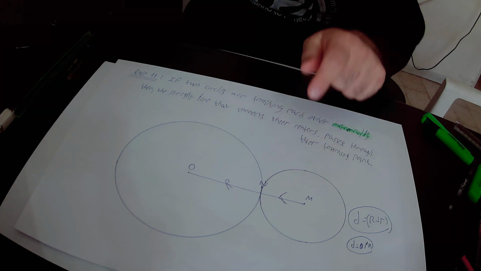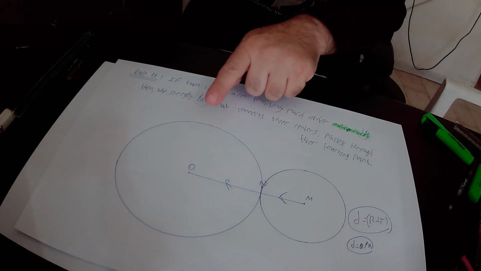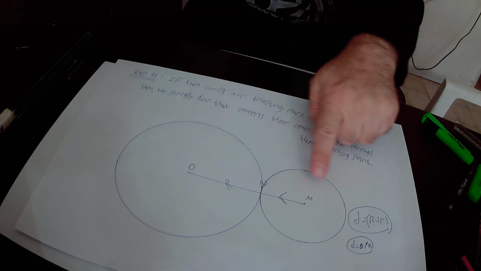That is to say OMN is one straight line.